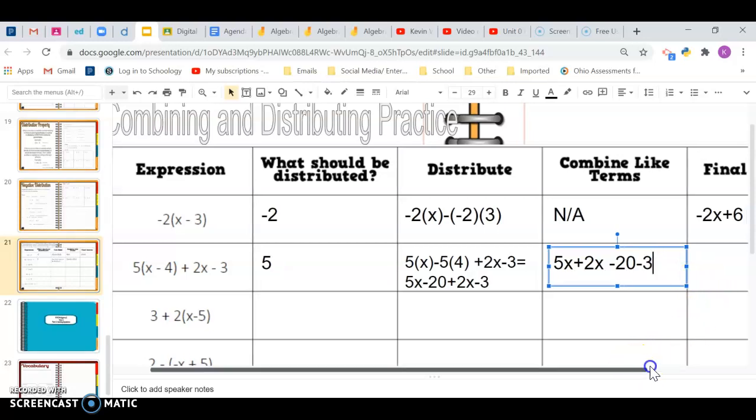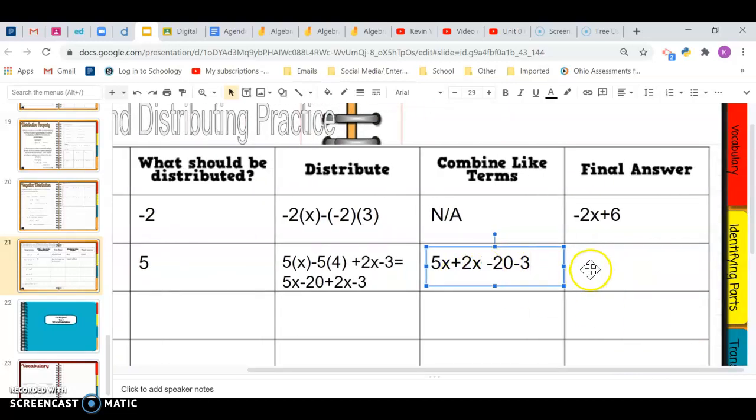And then when I go through and combine these like terms, 2 plus 5, that should give us a 7x. And then -20 minus 3 is the same as -20 plus -3. It should give us a -23. So this right here is my final answer.